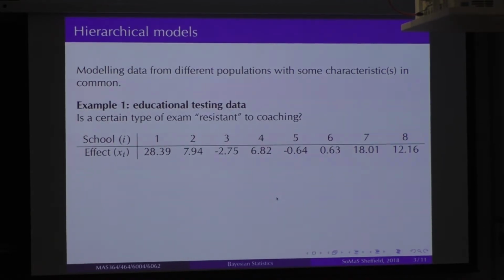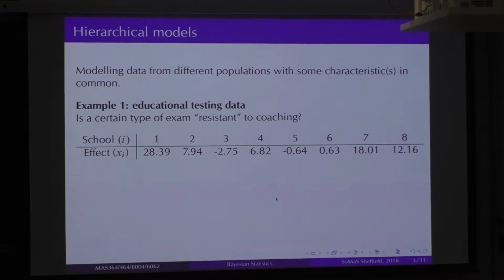And what we would like to say is whether these numbers here provide evidence that coaching has an effect on the score of the test. Okay. So I believe these are averages. So if they are averages, we can assume that the data is Gaussian, right?